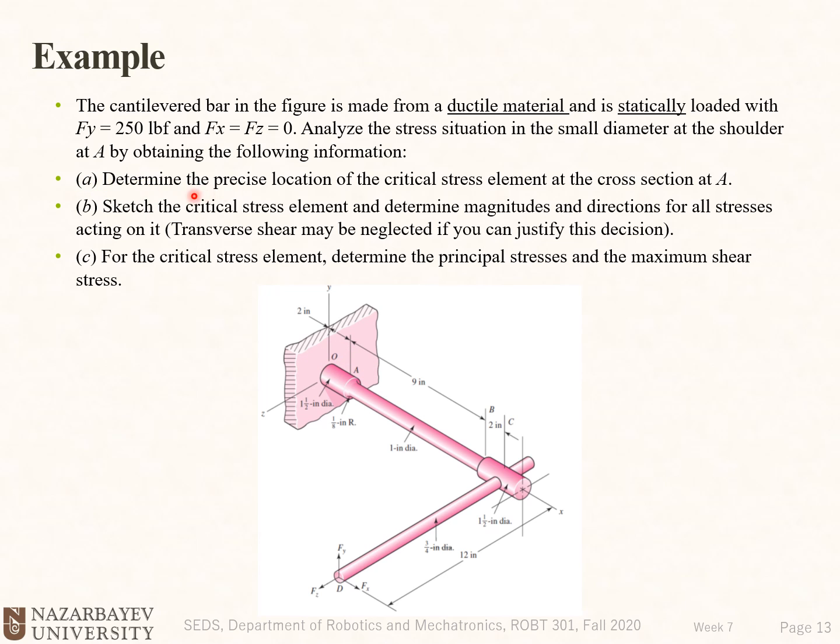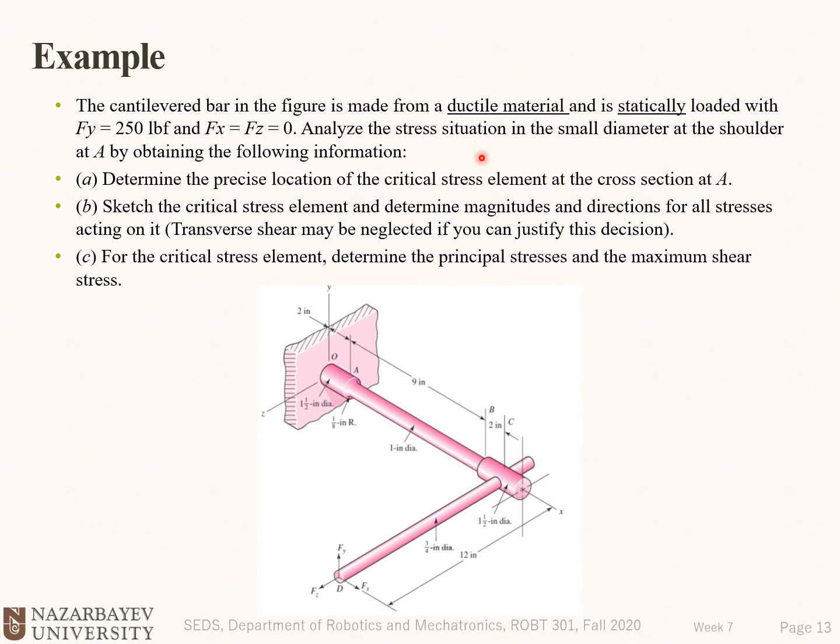A, determine the precise location of the critical stress element at the cross section at A. Okay, so again, we know already that this is a critical cross section, and here not specifically because of stress concentration, because the load is static and the material is ductile. So the geometrical stress concentration Kt will be equal to 1.